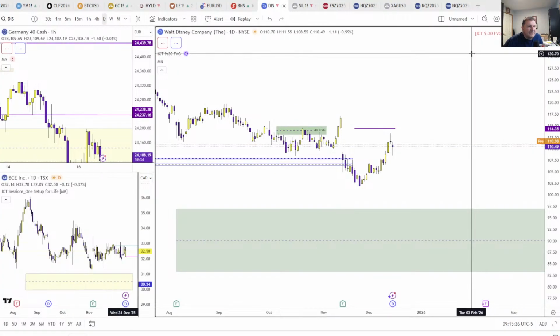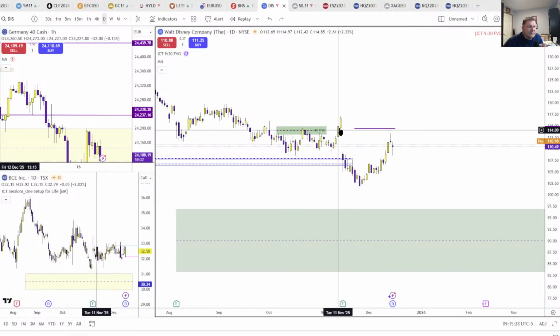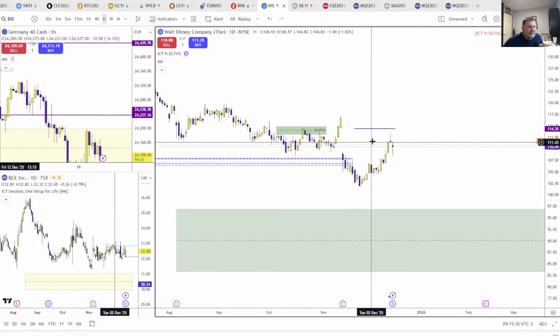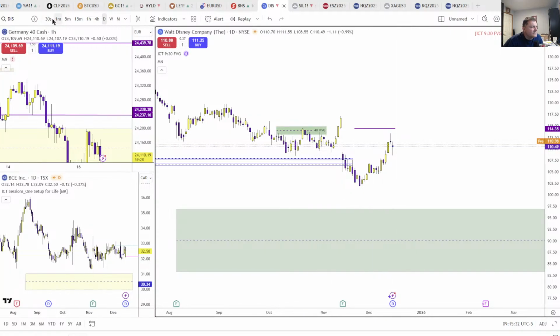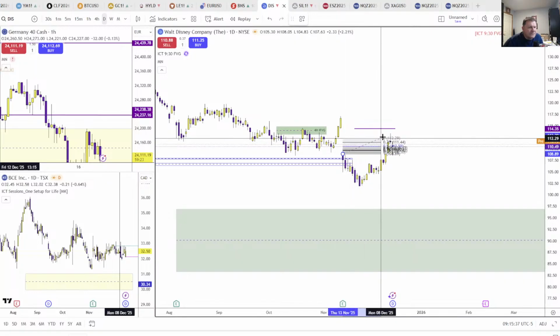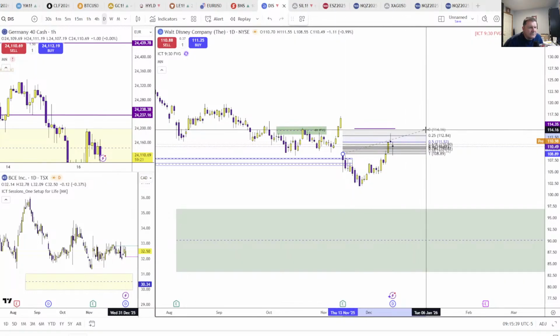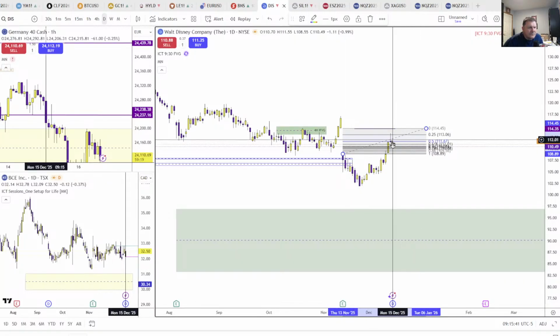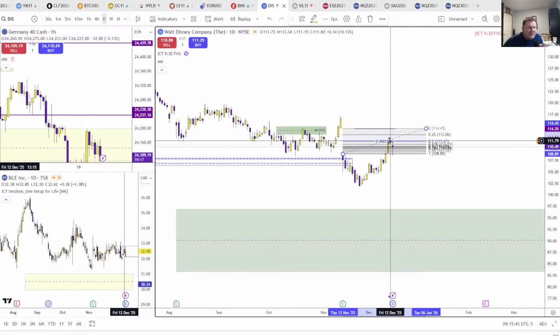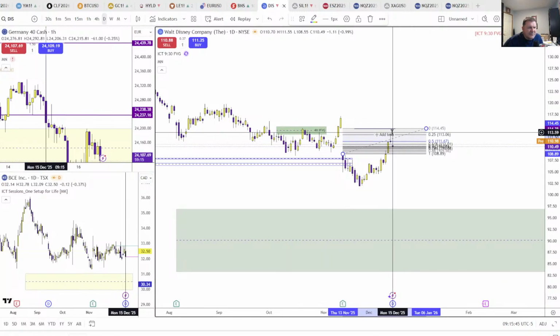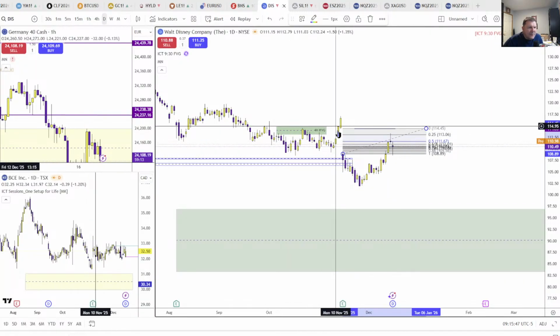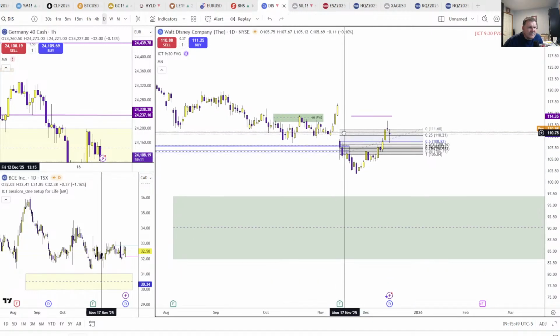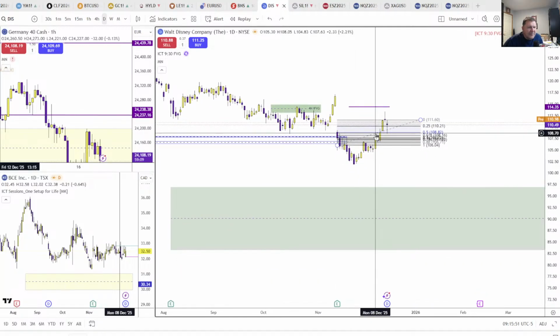How's our Disney doing? Come back inside this. Bodies are sitting right on 50%. We come up into 62% of that gap there.